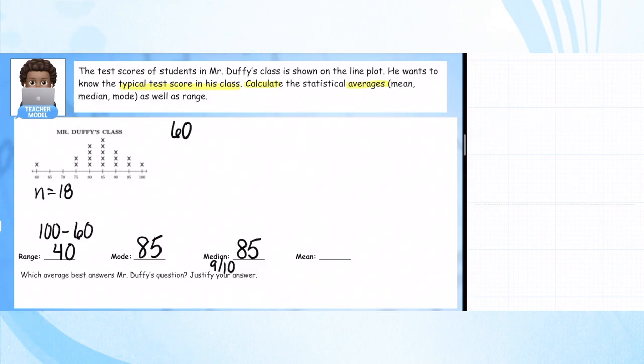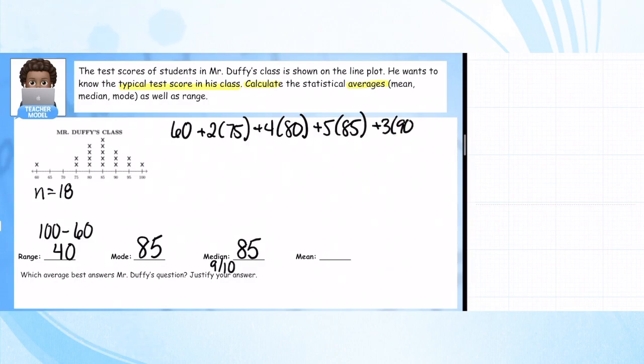Let's find the sum. 60 plus 2 times 75 plus 4 times 80 plus 5 times 85, 3 times 90, 2 times 95, and plus 100.